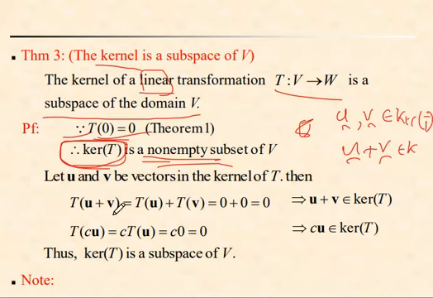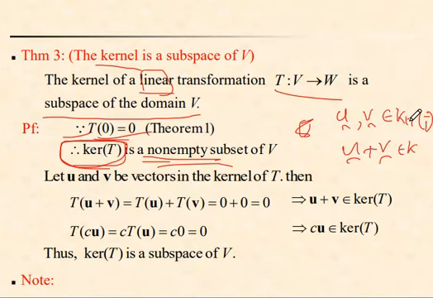Let's consider the transformation of the sum of U and V. Because this T is linear, you can split it in this way, using the first condition.